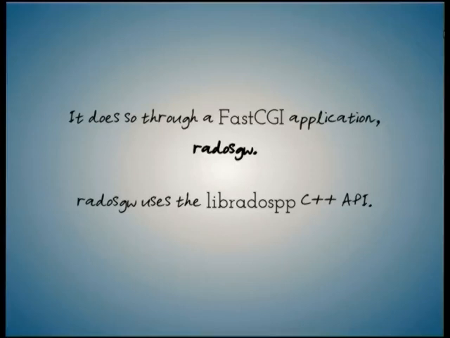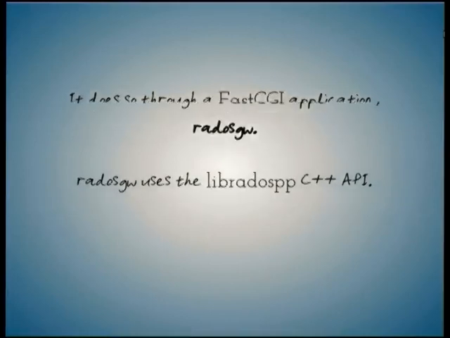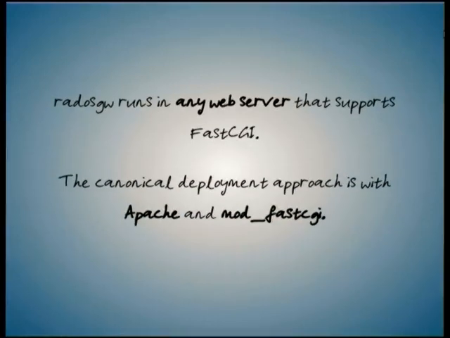And Ceph does that through a fastCGI application named Rados Gateway. And Rados Gateway itself uses the C++ API for Rados, called librados.pp, just in case you're interested. And Rados Gateway runs essentially in any web server that supports the fastCGI interface.